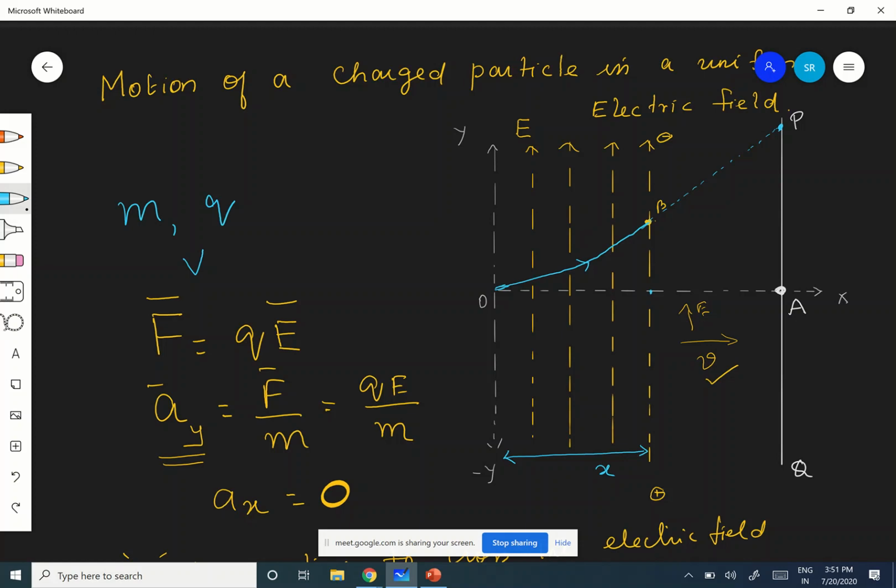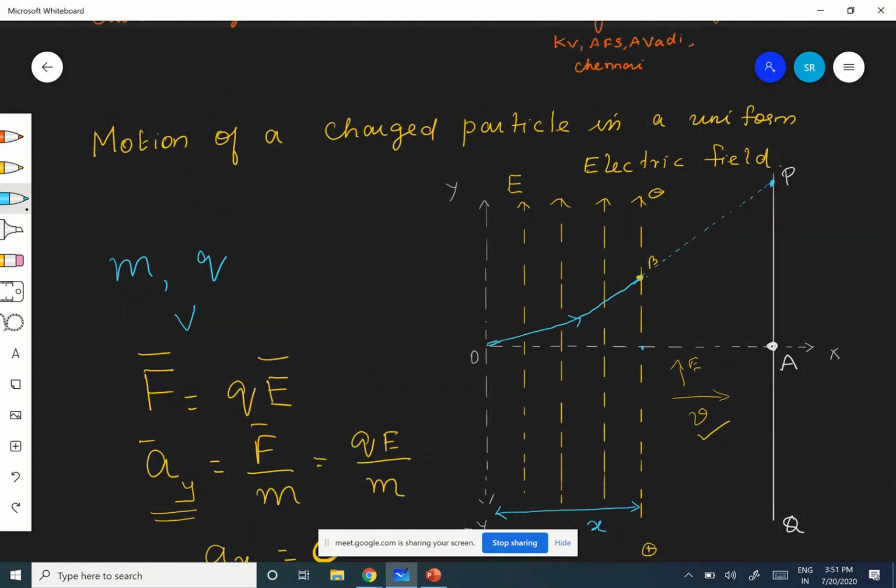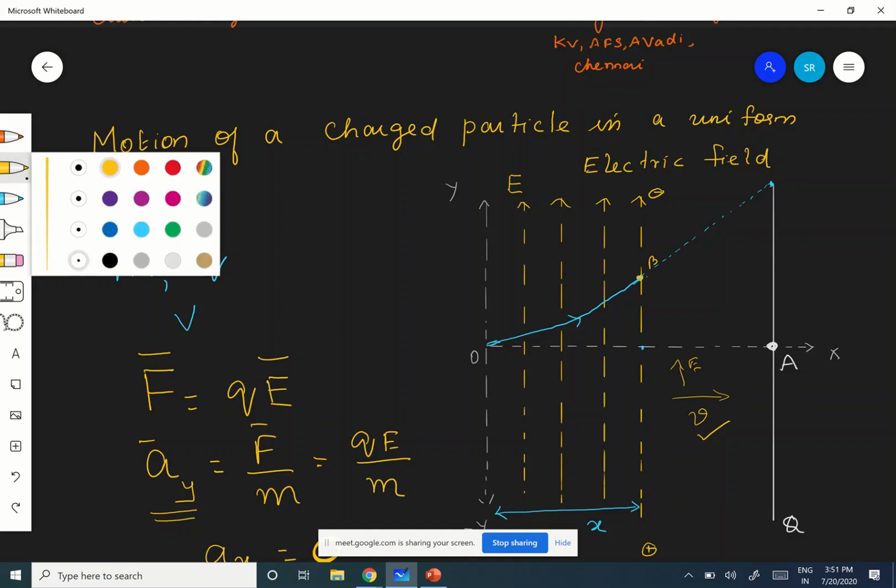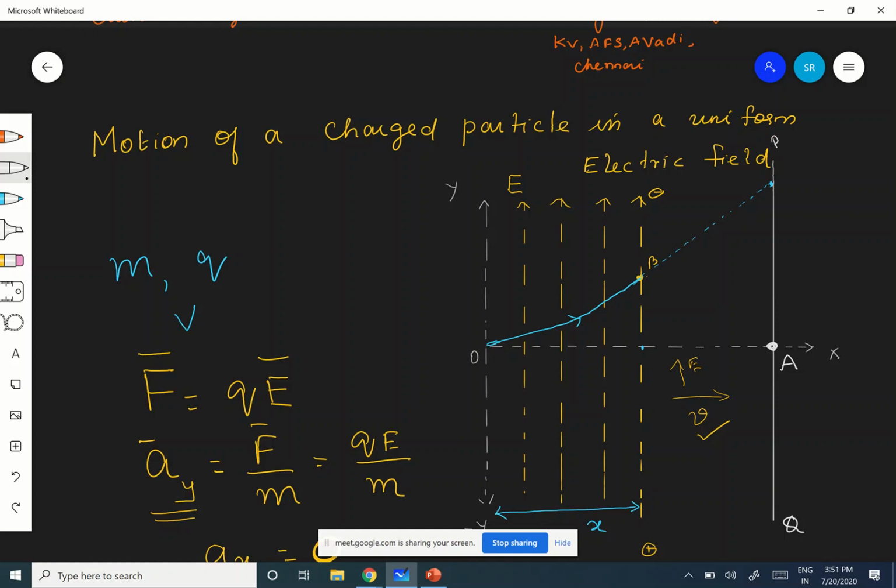Okay, therefore it will be impinging. So P is here, let me extend this. Okay, this is P. This point, let it be C. So it impinges the screen at C.